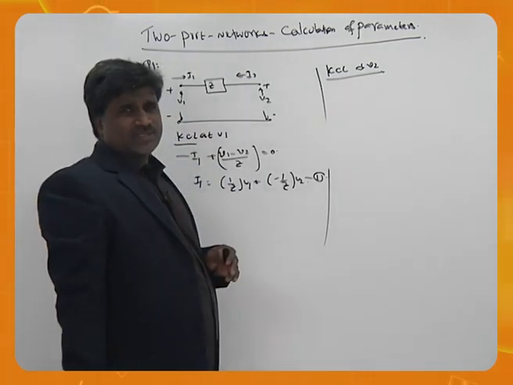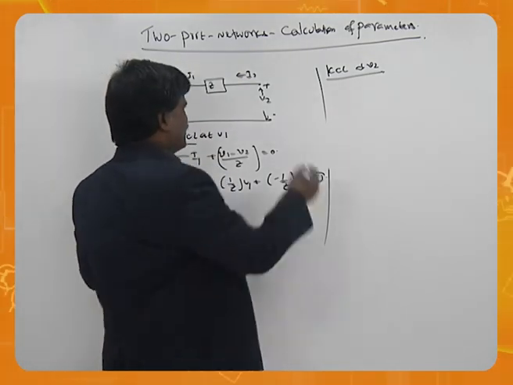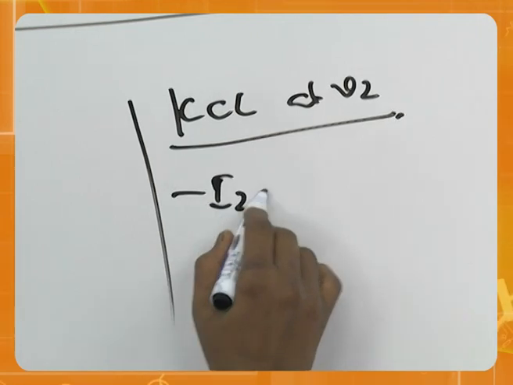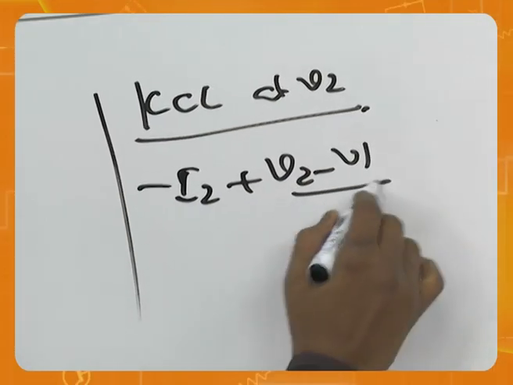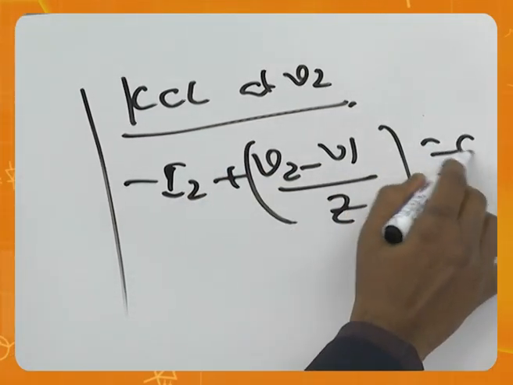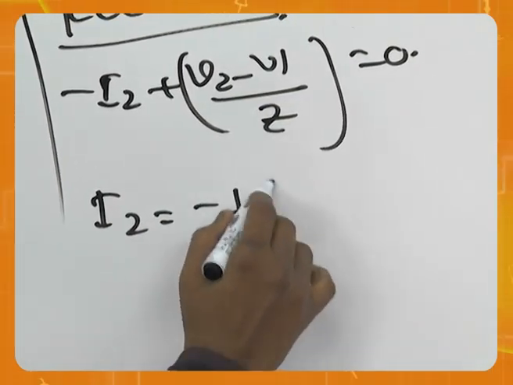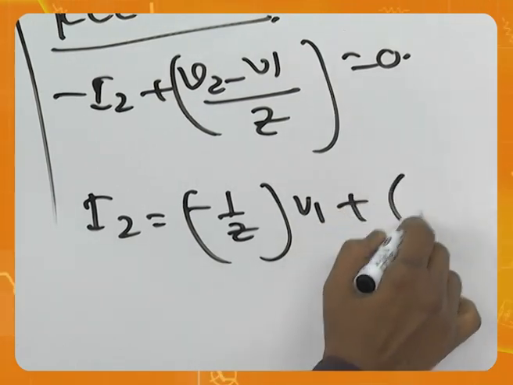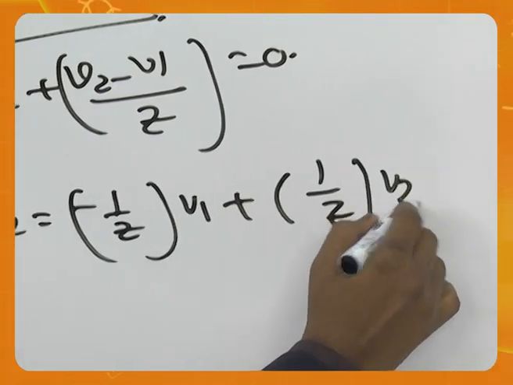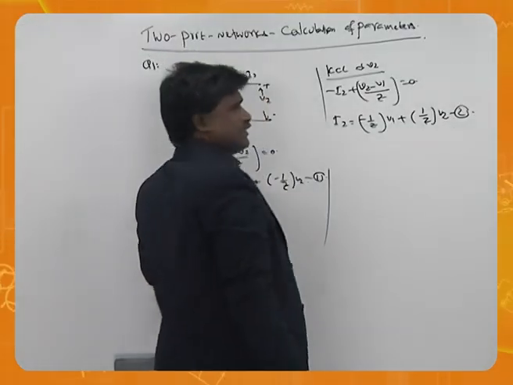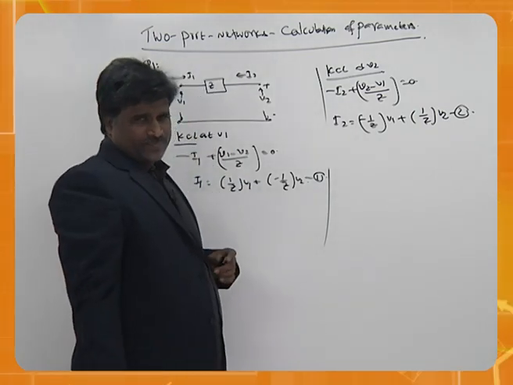At the second node, what is the KCL? Minus I2 plus (V2 minus V1) by Z is equal to 0. So I2 is minus 1 by Z V1 plus 1 by Z V2. Call this the second equation.